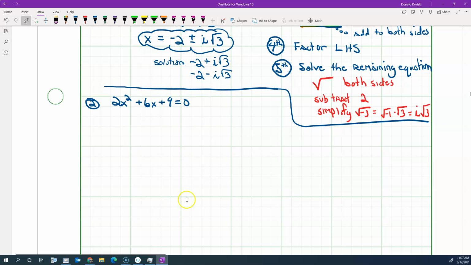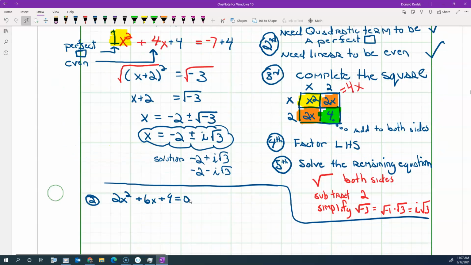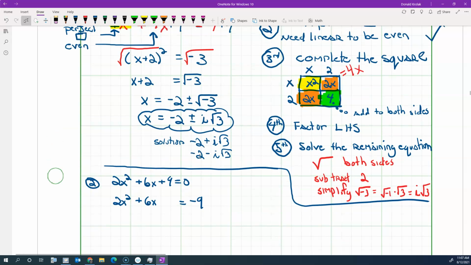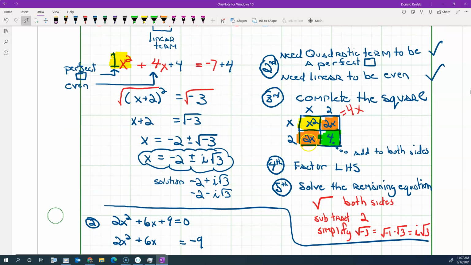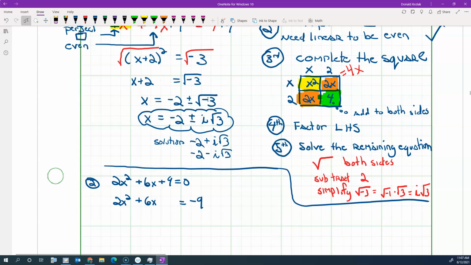Okay, so if we go down our list, move the constant to the other side. Okay, now you've got to check. Is the quadratic term a perfect square? Is the linear term even?